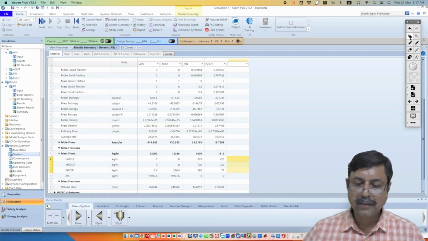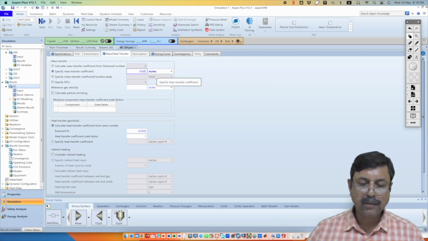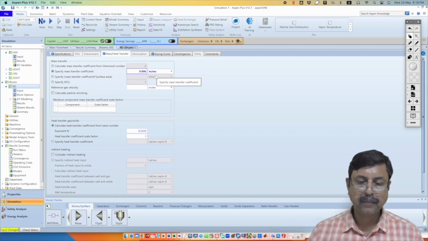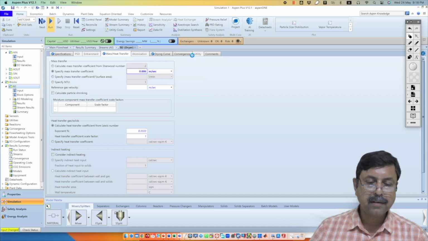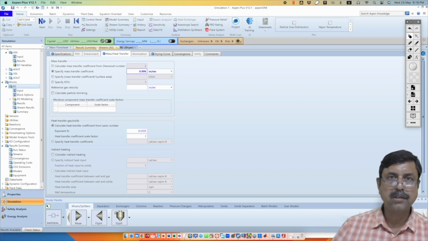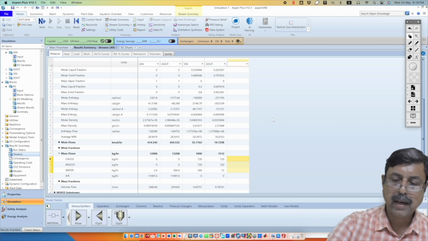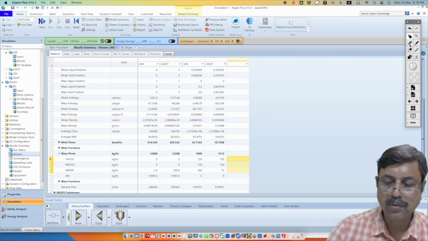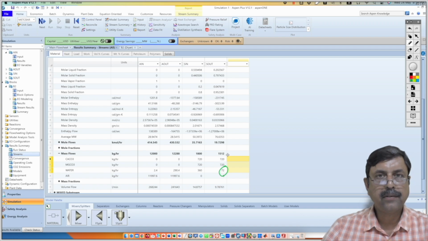So let us use a mass transfer coefficient of, say, 0.006, and run it. Let us see how much change we find. And we find it is still 72, as if there is no change.